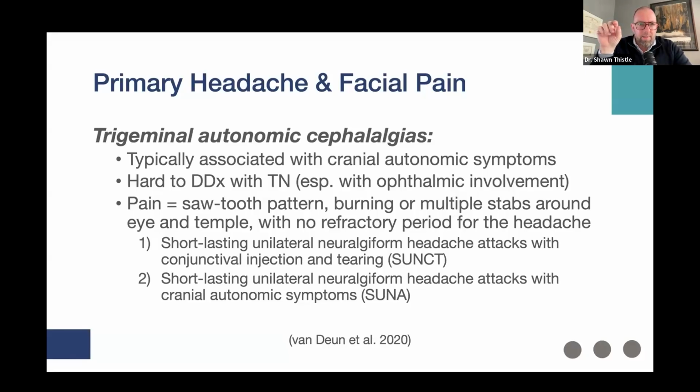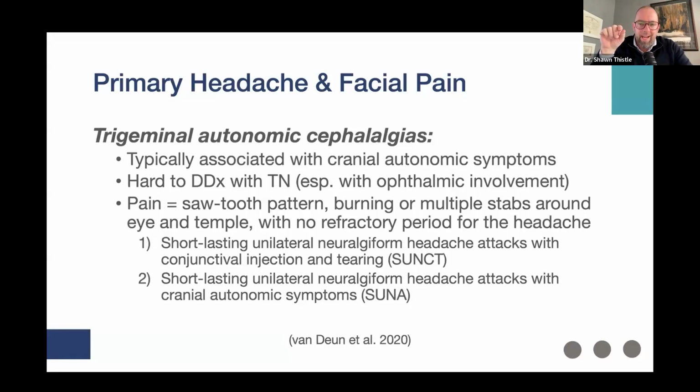which, if you've taken my other programs, cluster headache doesn't really have a manual therapy application for us as chiropractors. But for this particular one, there are two kinds here. And these are the acronyms that may give you PTSD from your board exams: SUNCT and SUNA. Both of them have short-lasting unilateral neuralgiform headache attacks.